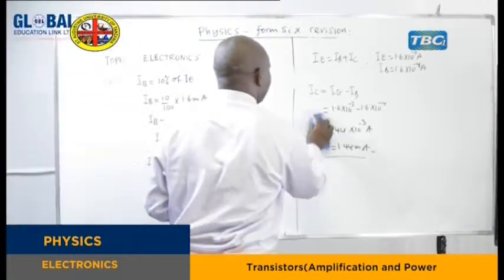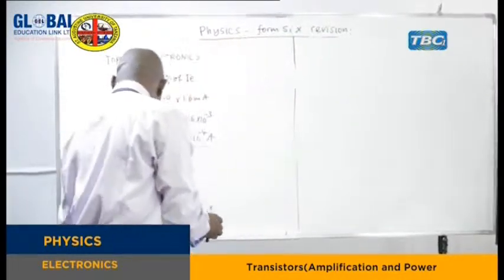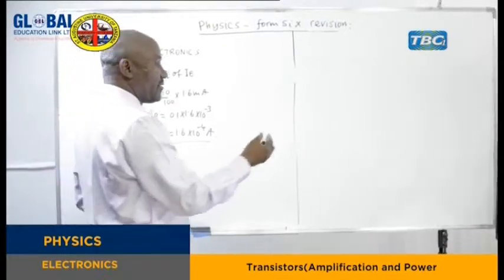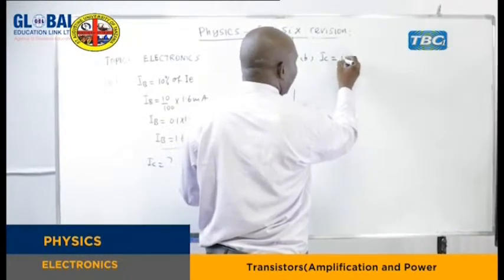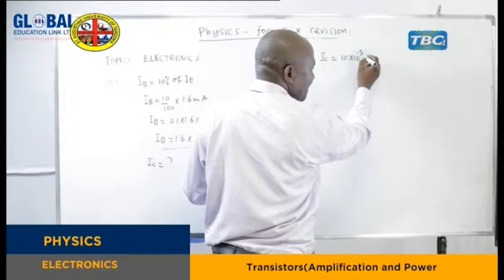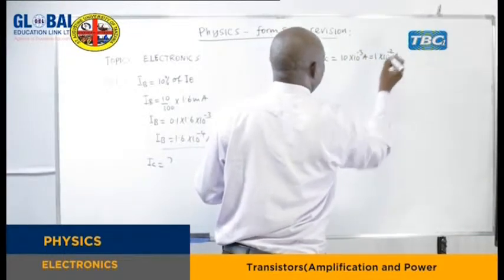We are given that in the same arrangement of the NPN transistor, the collector current, IC, is 10 milliampere, or 10 times 10 negative 3 ampere. In other words, it's 1 times 10 negative 2 ampere.